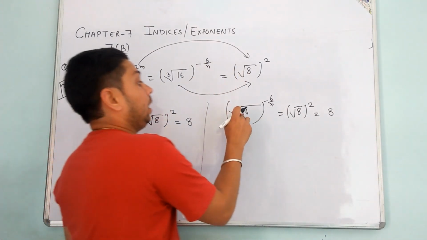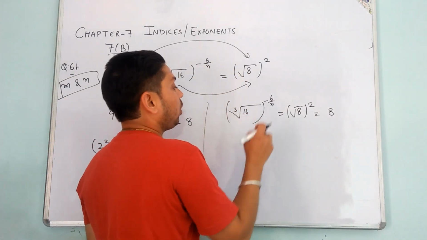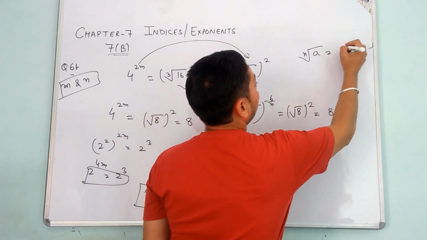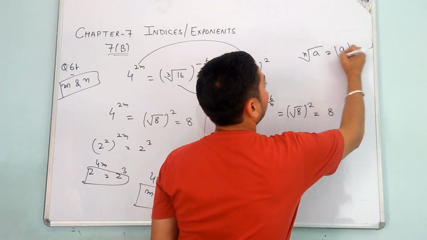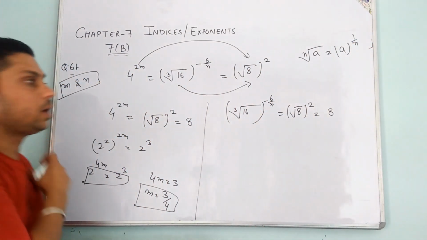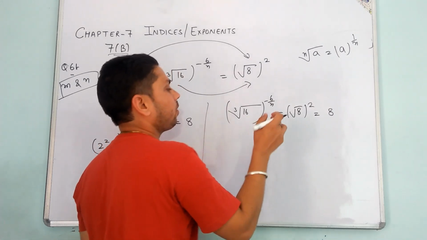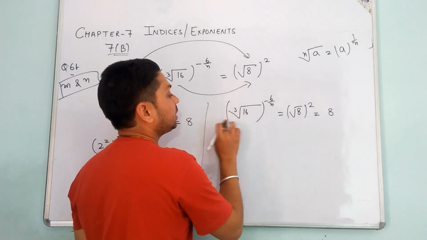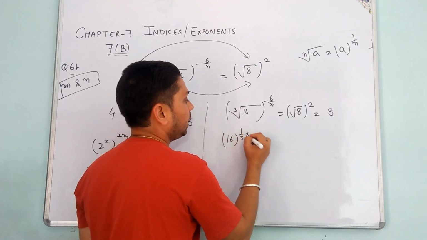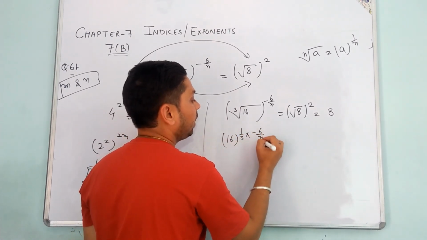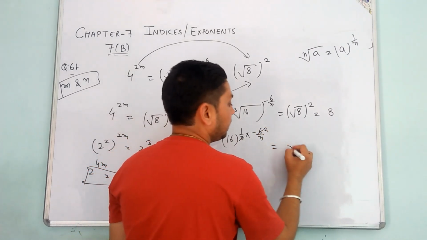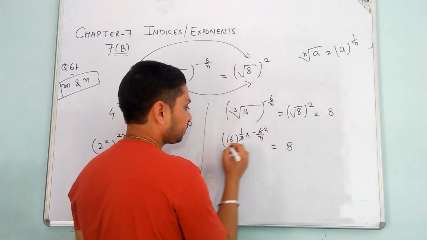Then apply the property, nth root of a is equal to a raised to power 1 over n. So apply this property here, it will give you 16 raised to power 1 by 3 multiplied by minus 6 over n. 3 into 6, this is equal to 8.